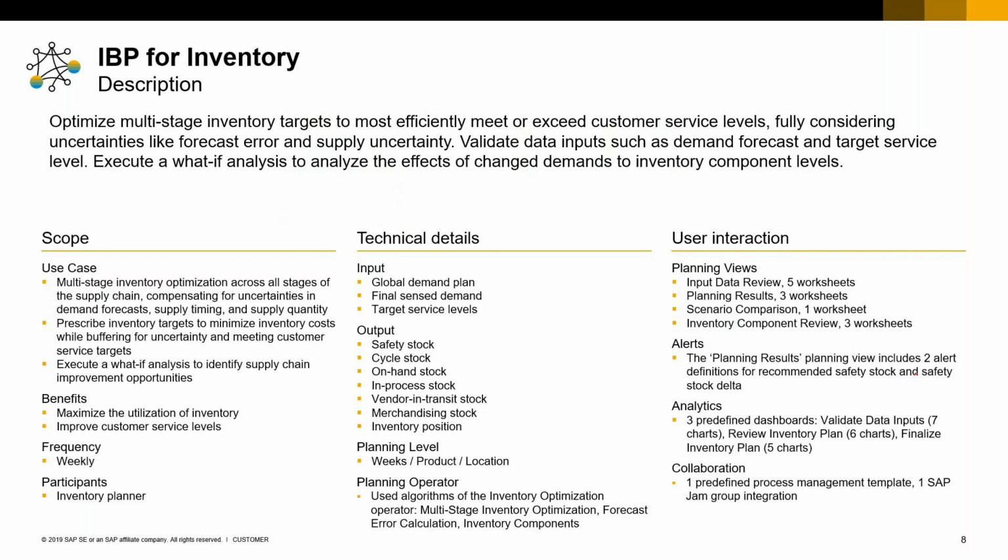What will be the impact on safety stock? If I just increase or decrease some of the parameters which are the drivers for safety stock, how will the situation look?